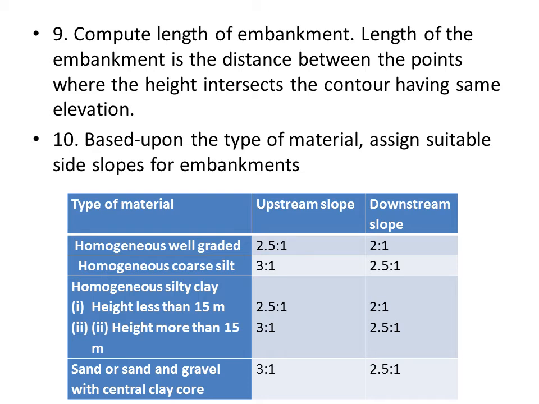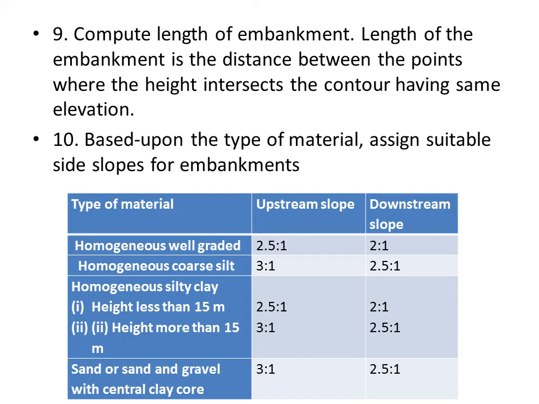Based upon the type of material, assign suitable side slopes for embankments. So depending on the soil type, you have to select the slopes of the embankment. The following table gives the different slopes to be adopted for upstream and downstream for different class of material. Homogeneous, well graded, it is 2.5 is to 1 and 2 is to 1.